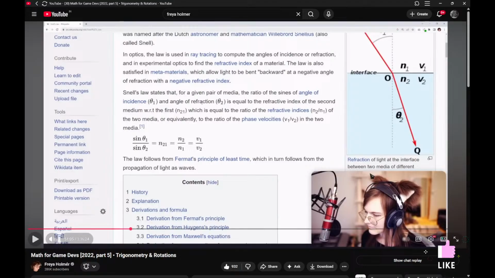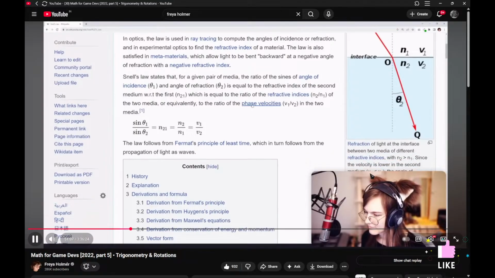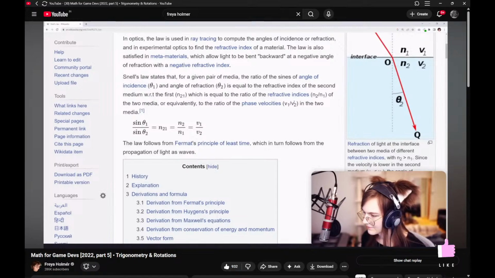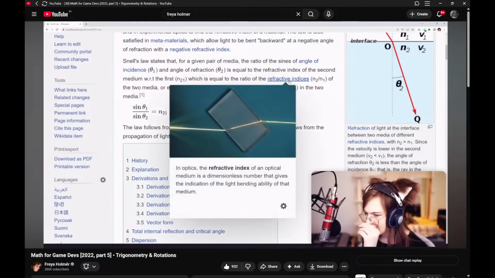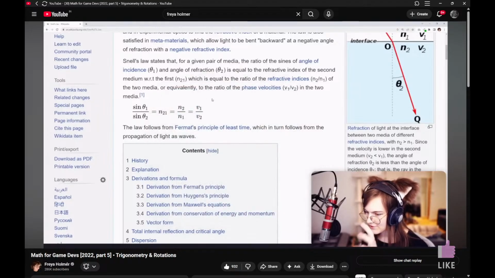There is a slight bend that's called Snell's law. So that's theta 1 and theta 2, and n1, n2 are the refractive indices of the materials.